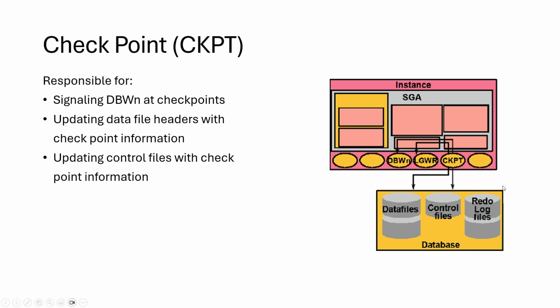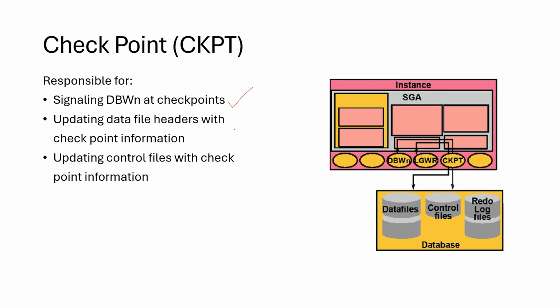So let's see at which stages or places the checkpoint will be invoked. One is signaling the DB writer at checkpoints. I told you, when a checkpoint happens, the DB writer writes the data from the database buffer cache to the data files. So it signals the DB writer to write the data.